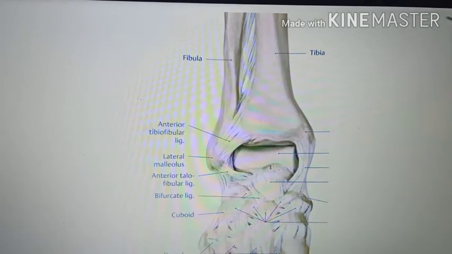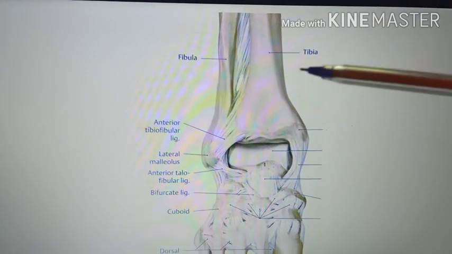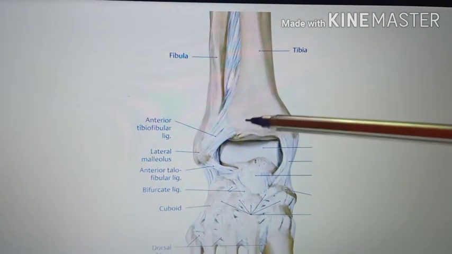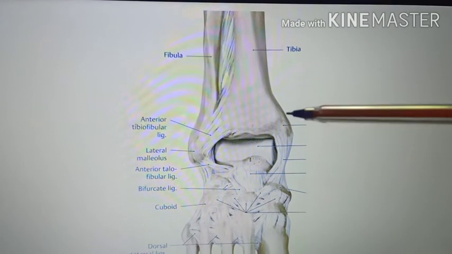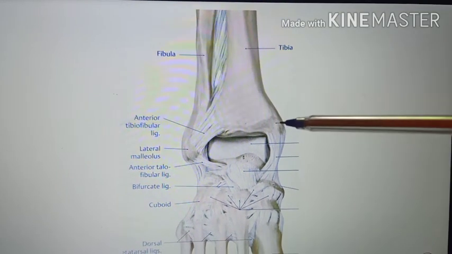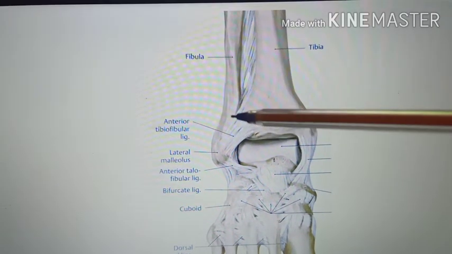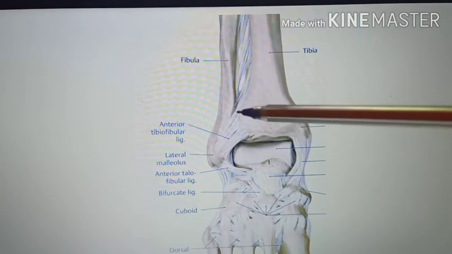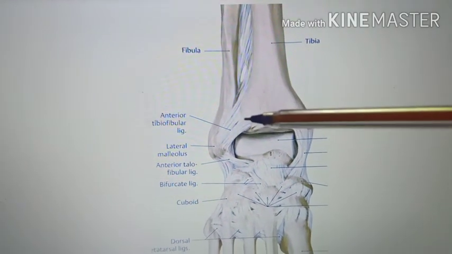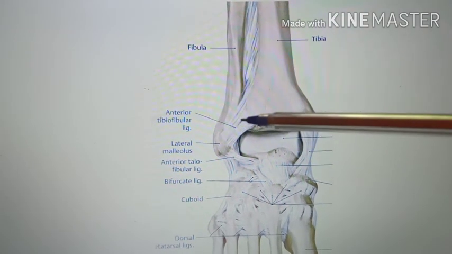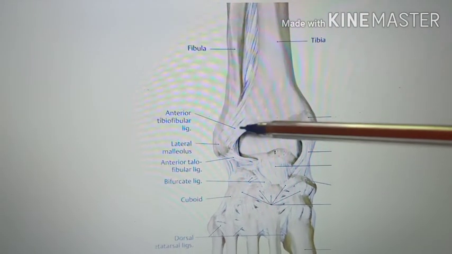Now coming to the anterior tibiofibular ligament. You can see this is the tibia, this is the fibula. Here is the medial side with the medial malleolus, and this is the lateral side. This is the inferior tibiofibular joint. The ligament you can see over here is the anterior tibiofibular ligament.